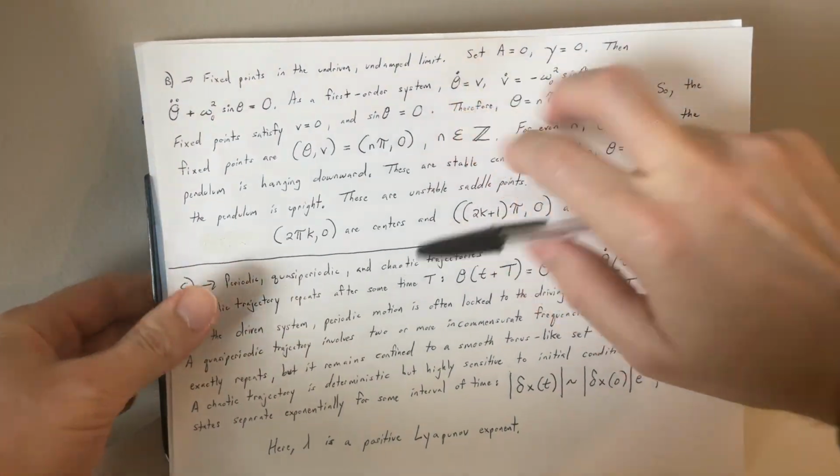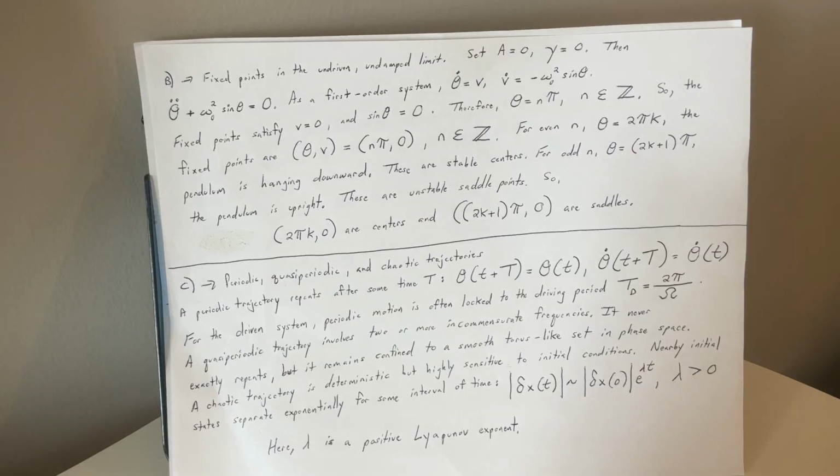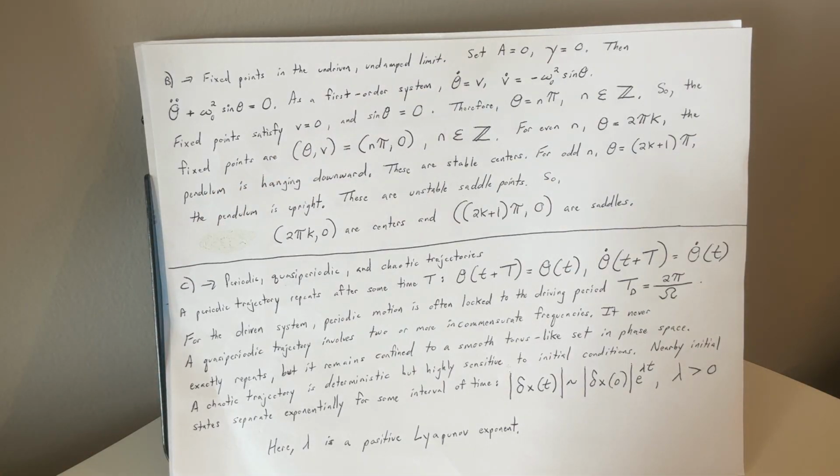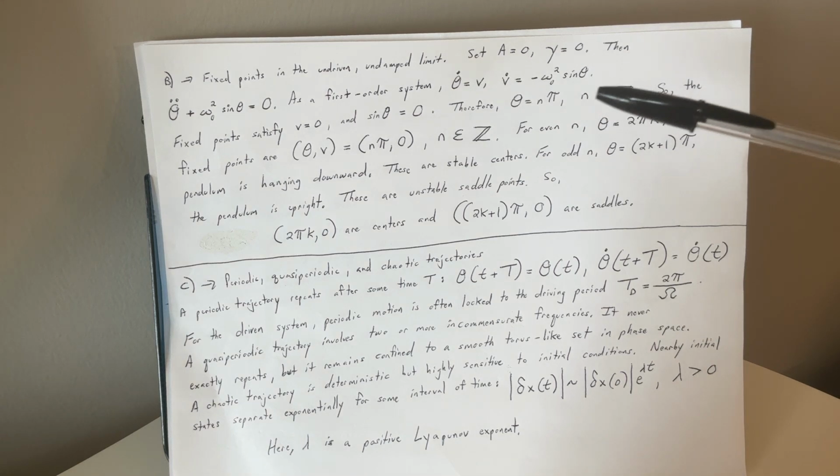Okay, so building on that for part B, fixed points in the undriven, undamped limit. So we set A equal to 0, gamma equal to 0. Then theta double dot plus omega naught squared sine theta equals 0. And as a first order system, theta dot equals v, and v dot equals negative omega naught squared sine theta.